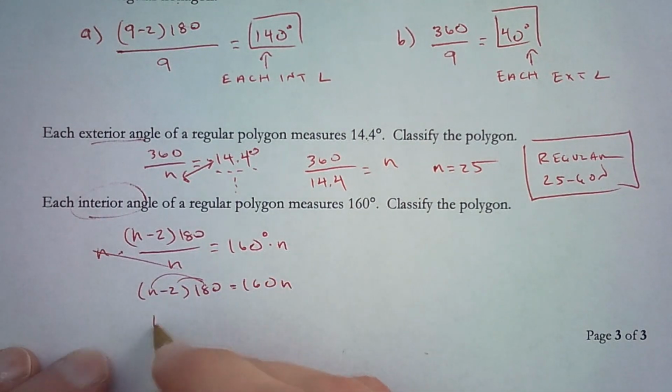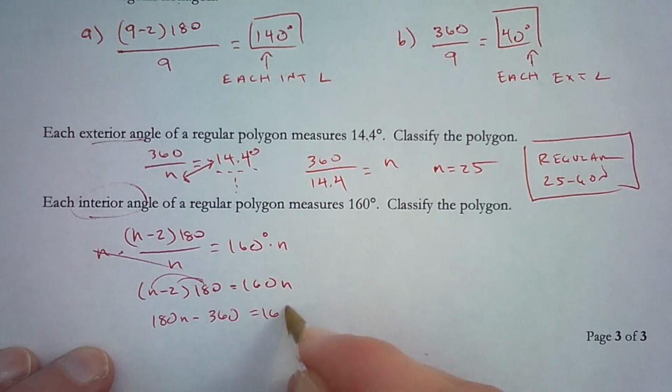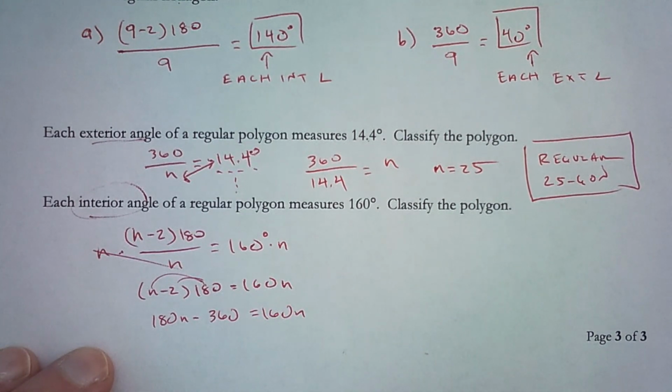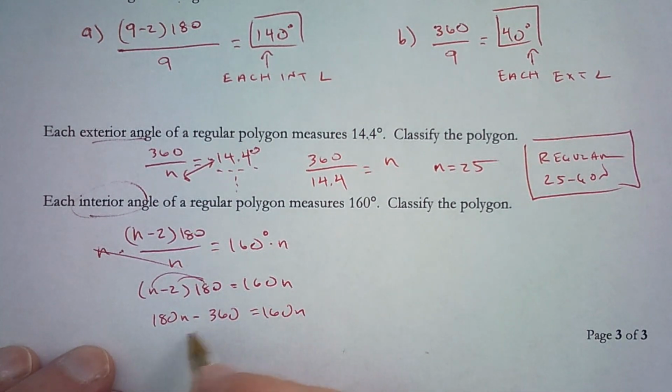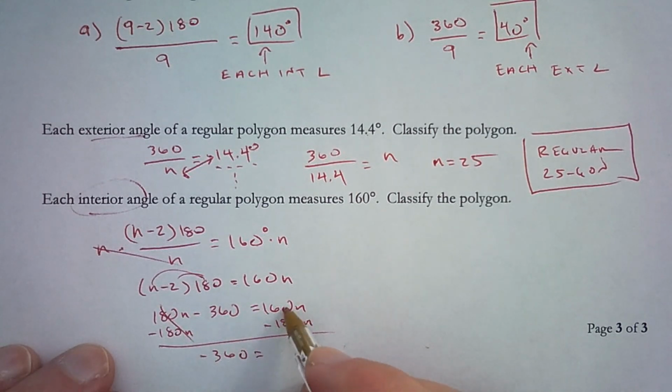Okay, let's distribute that 180. 180n minus 360 equals 160n. Then we can subtract 180n and get all the n's on the right side. So we get negative 360 equals 160n minus 180n, which is negative 20n.